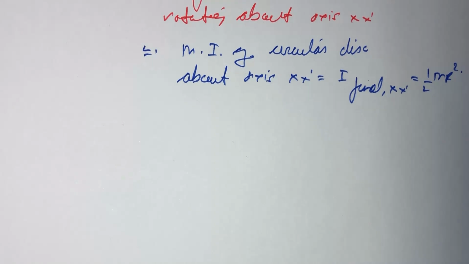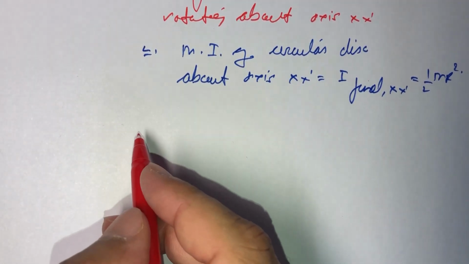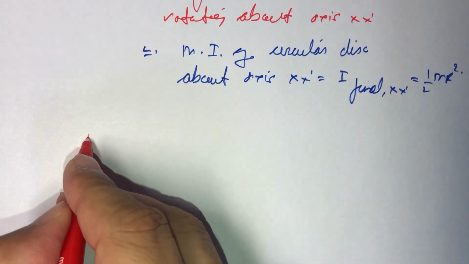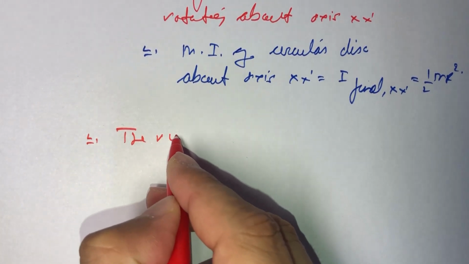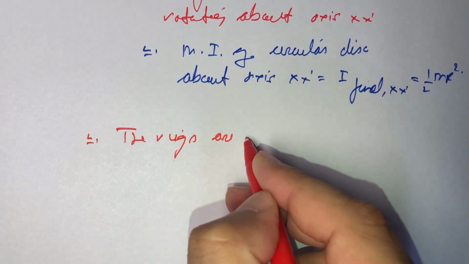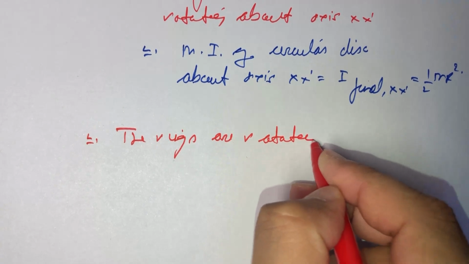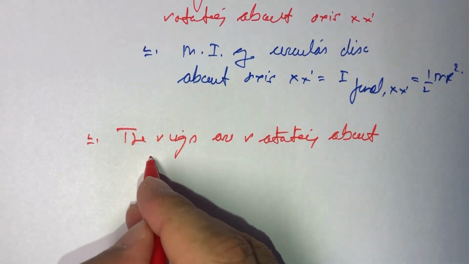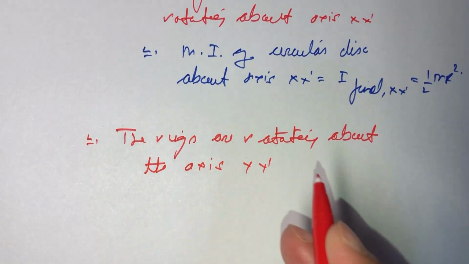Now we concentrate on the rings. We can say that the rings are rotating about the axis y prime.